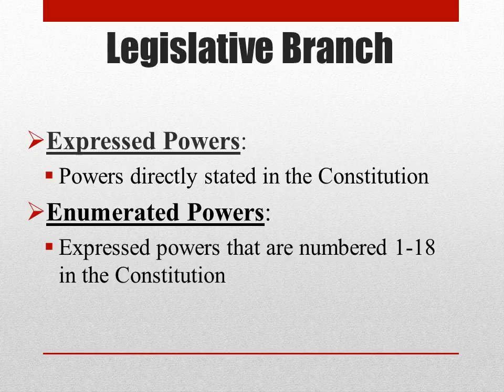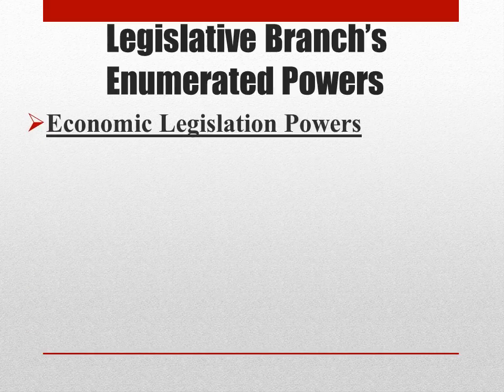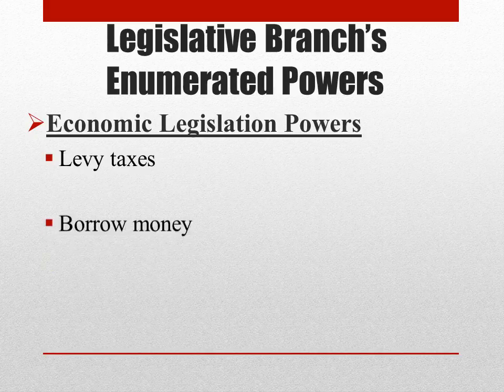We're not going to look at them in depth. We're just going to list some of them off. And these powers are written in a few different categories. The first category is economic legislation powers. And there are 5 of these powers.